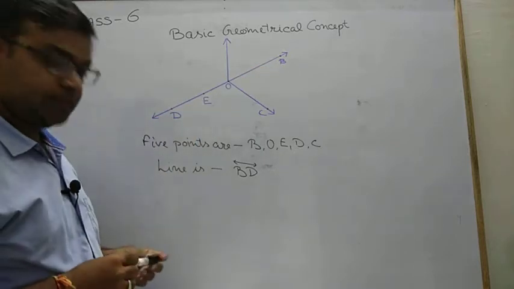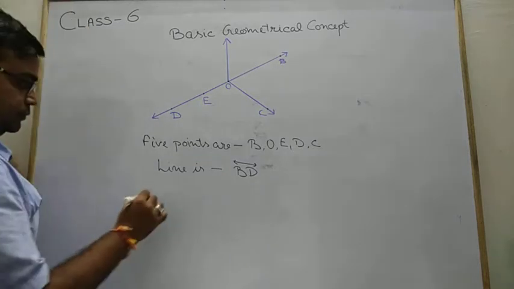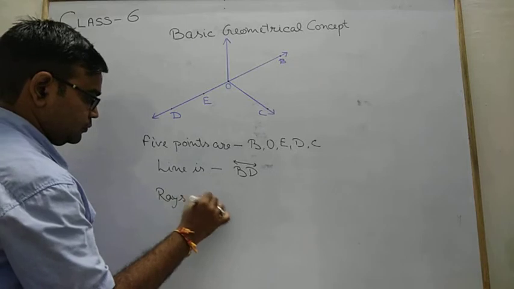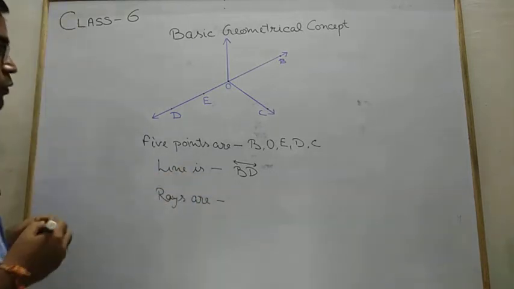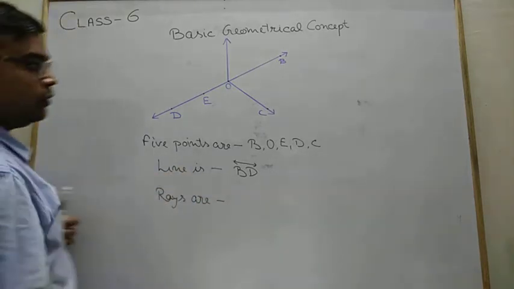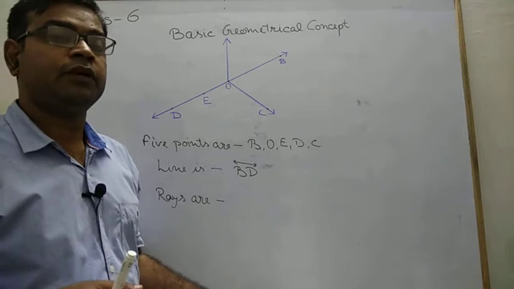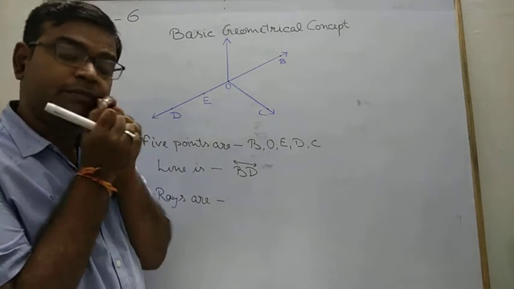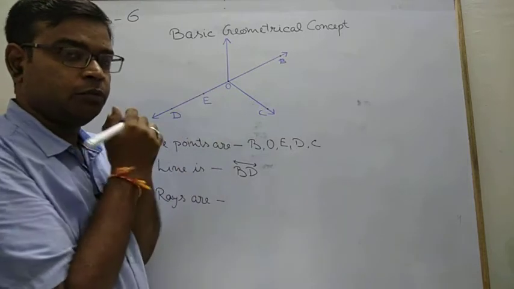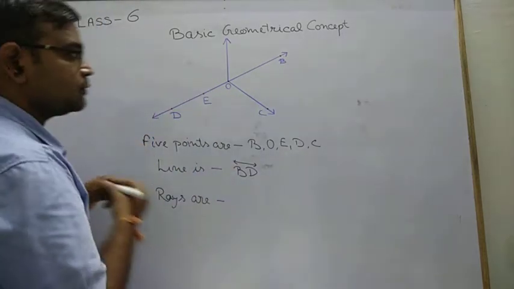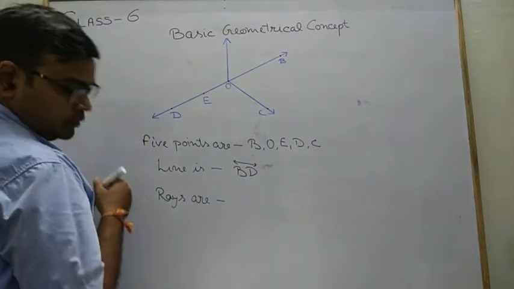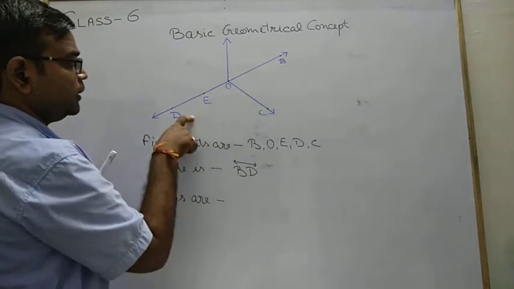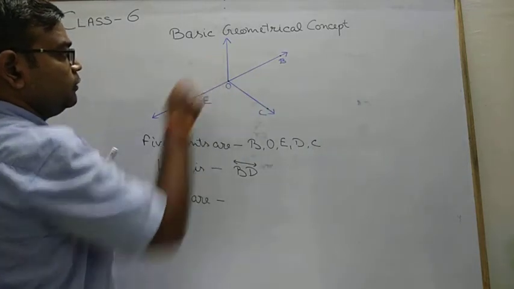Then again it says 4 rays. We always know that a ray has one fixed point, one endpoint, one starting initial point, and the other part is open. In this case, we can write down only 3 rays because the name is not given.